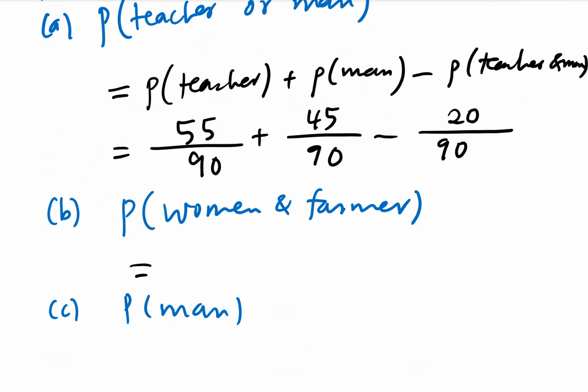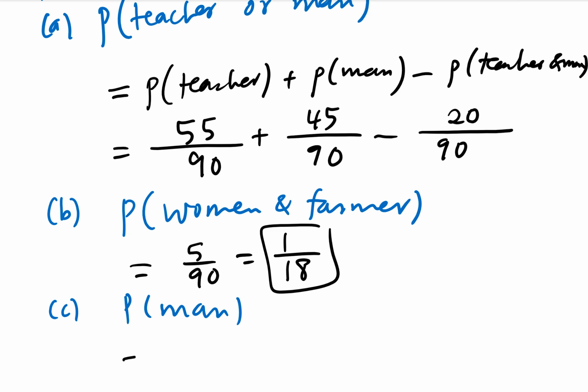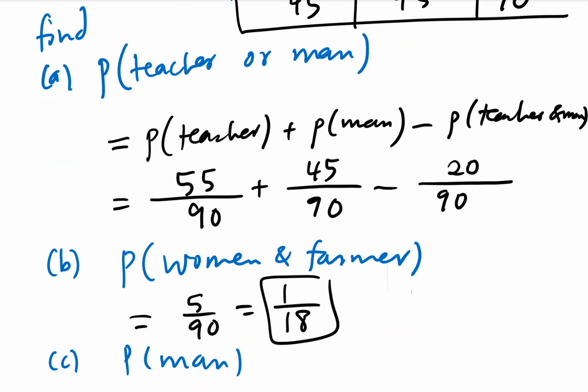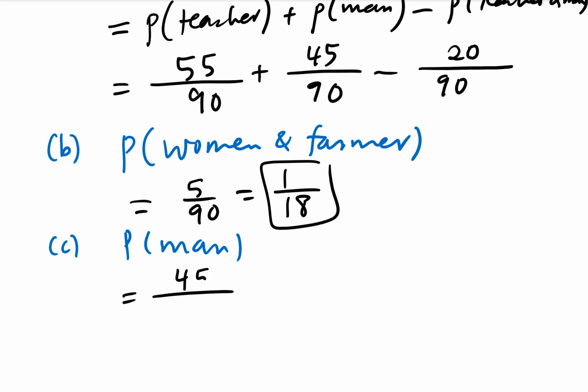That's 5. Make sure you reduce this, by 5, whatever that is. 18. Man, what's the probability of man? How many men are there? 45. Total 90. So the answer is 1/2. Make sure you simplify.